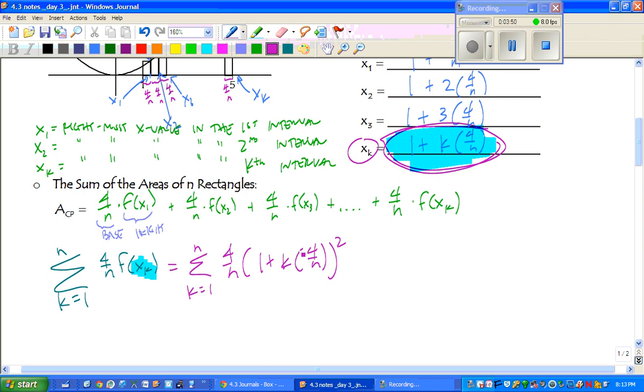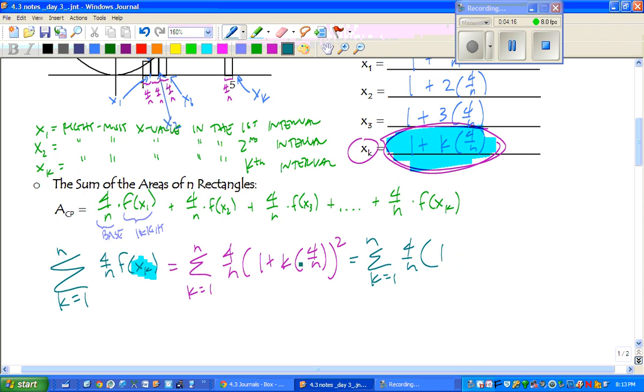So we're squaring it. Now is where we're going to have a little bit of fun with some algebra. We need to go ahead and multiply this all out. So we have the sum from k equals 1 to n, and we have the 4 over n out in front. And we need to multiply this part out. So like using FOIL, we're going to have 1 times 1, so we get 1.